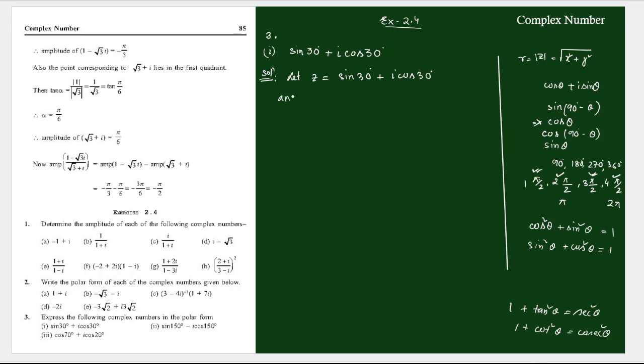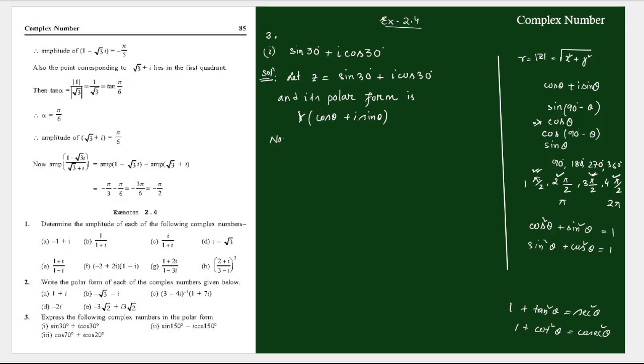Its polar form is r, not sine, it will be cos theta plus i sine theta. Now we need to find the r and convert cos into sine, sine into cos.